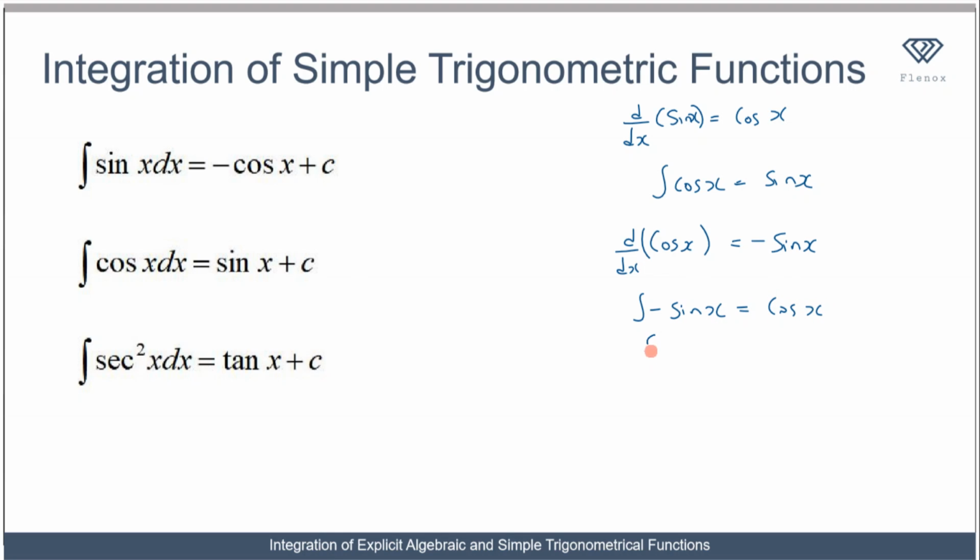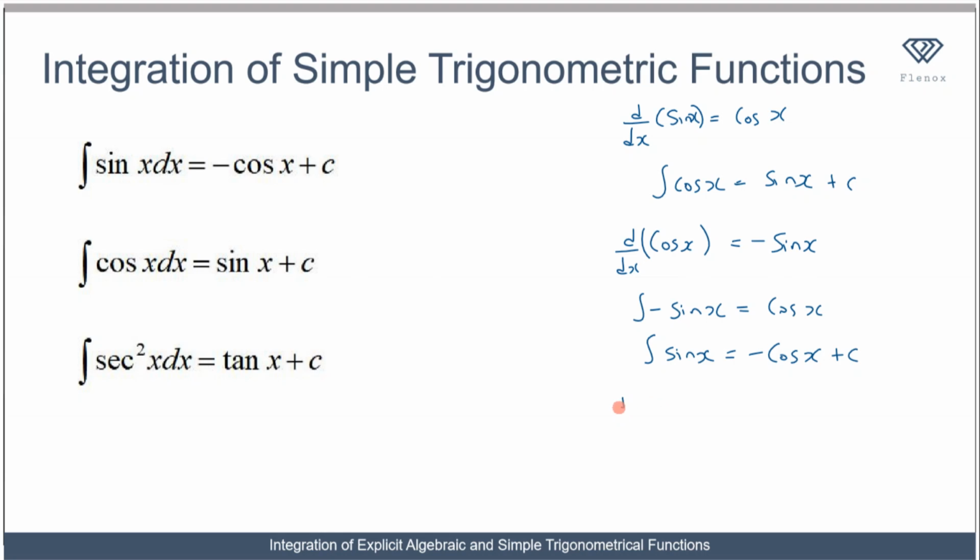However, if I'm just interested in integrating sine x, I can multiply both sides by minus to eliminate the minus over here. I'm now left with minus cos x. So that is why the integral of sine x is minus cos x plus c.